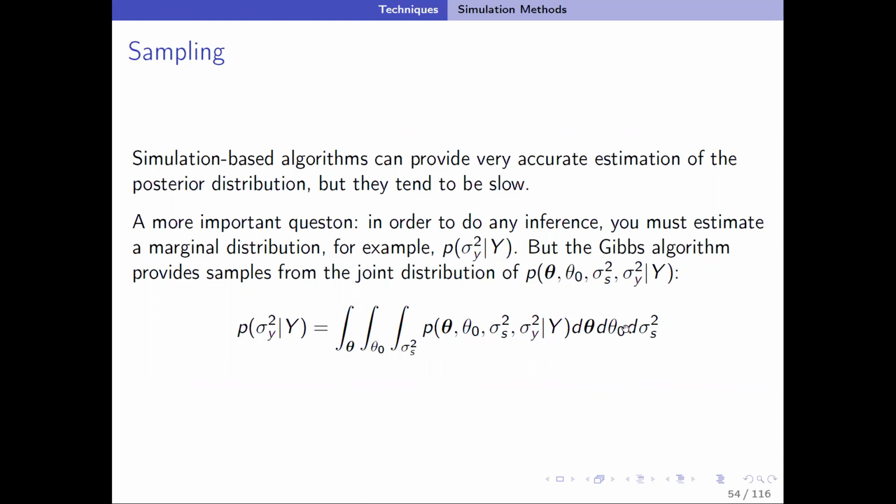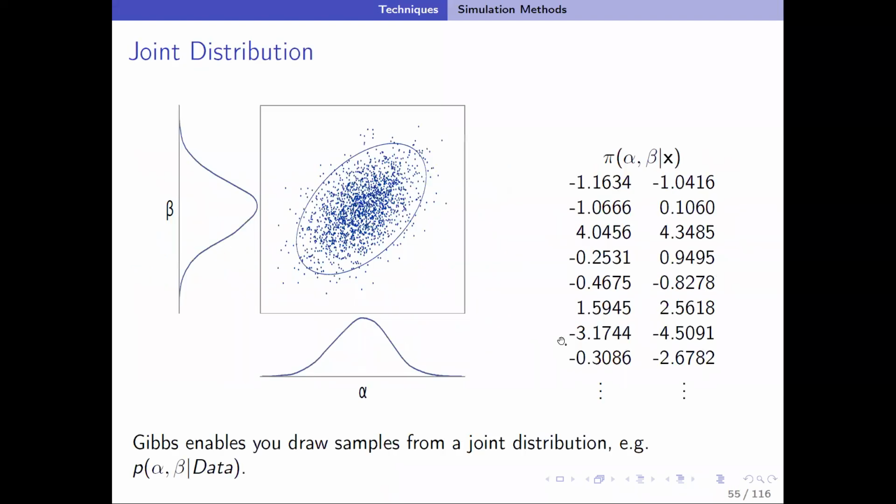In other words, I need to propagate the uncertainty of this distribution into the marginal distribution in here. This is a numerical problem. This is not as easy to do because it's a high dimensional problem. Like if you have 5,000 dimensions, you've got to do a 4,999 dimension integral. And numerically, this is daunting. Okay, and that's why sampling comes in, and it comes in very handy.